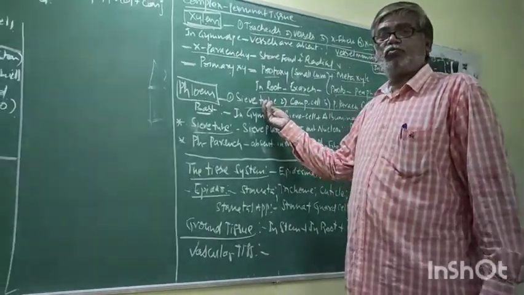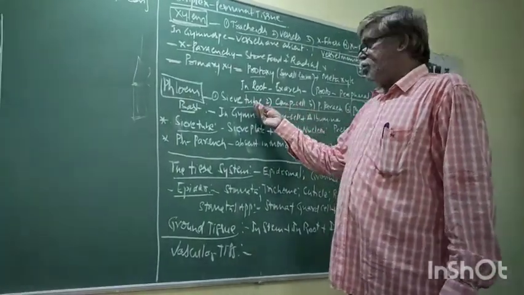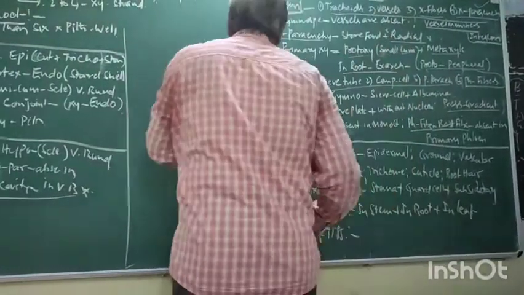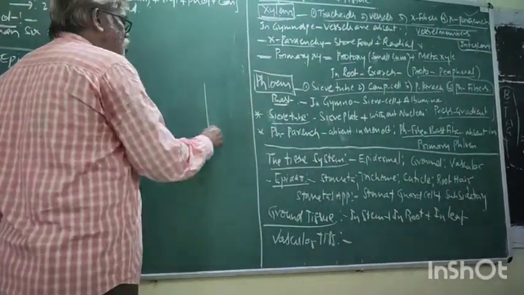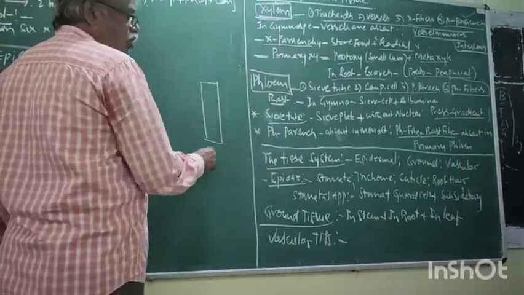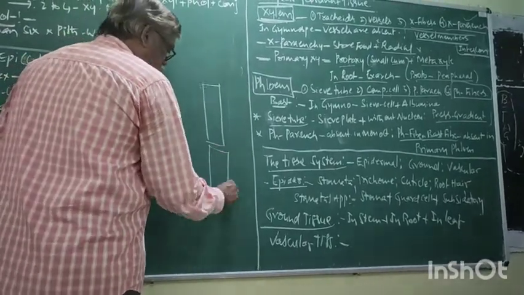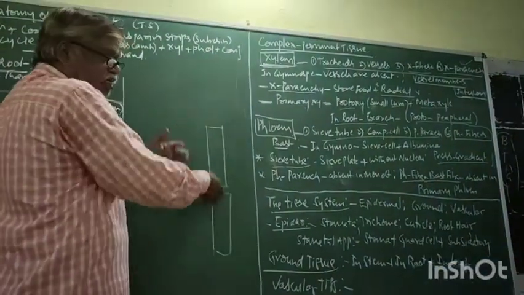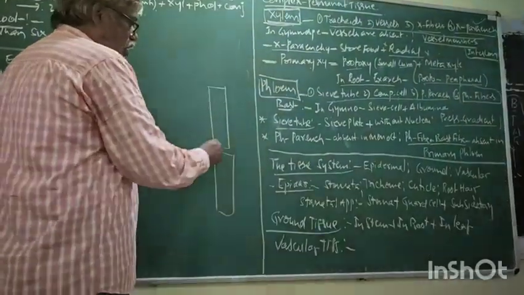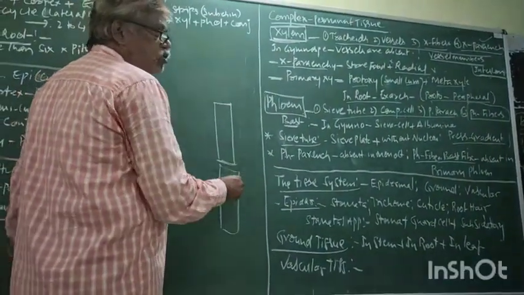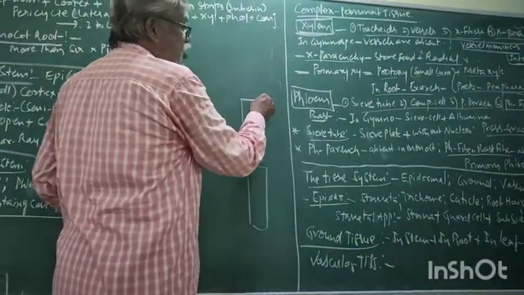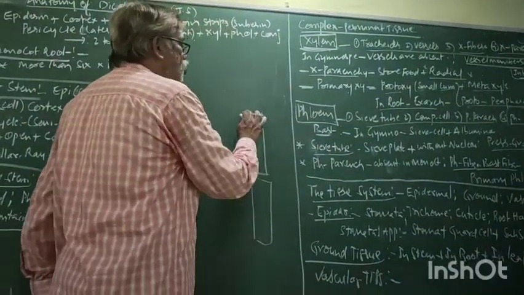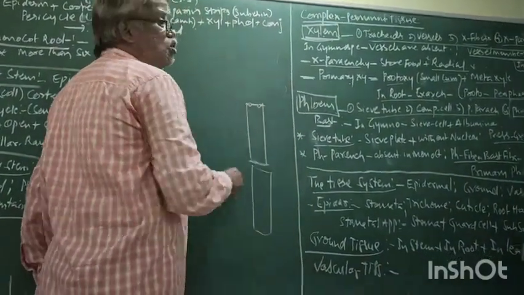Now, sieve tubes and companion cells. Sieve tubes are long, cylindrical, interconnected cells. The ends of sieve tubes contain plates, called sieve plates. The sieve plates contain pores, sieve pores.